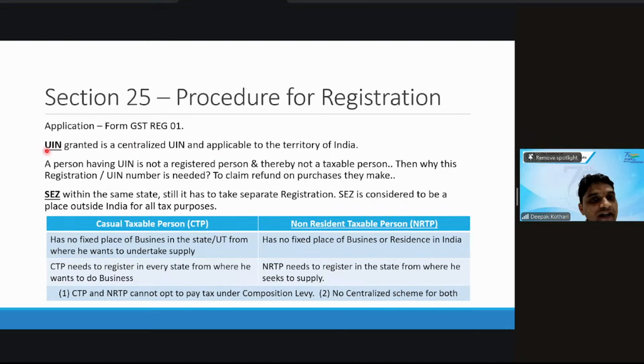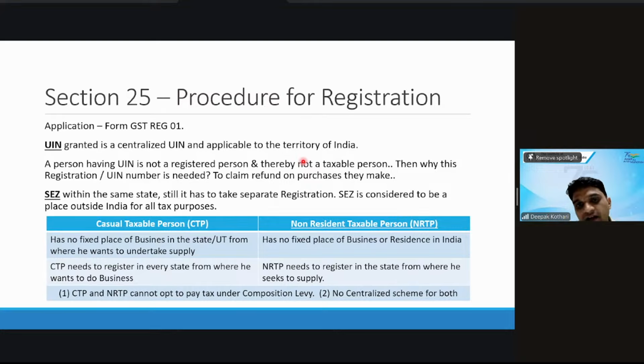Okay. Before getting into the procedure for registration, an important term which you have to understand is UIN, which means Unique Identification Number, a centralized number applicable to the whole territory of India. UIN is applicable to people who are a branch or a kind of arm of the United Nations, because the United Nations is in a different country.